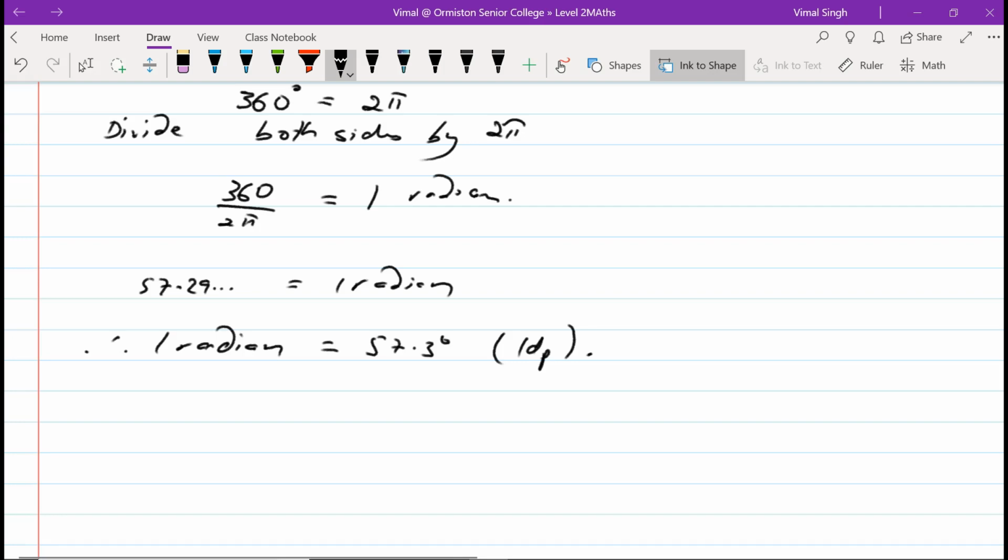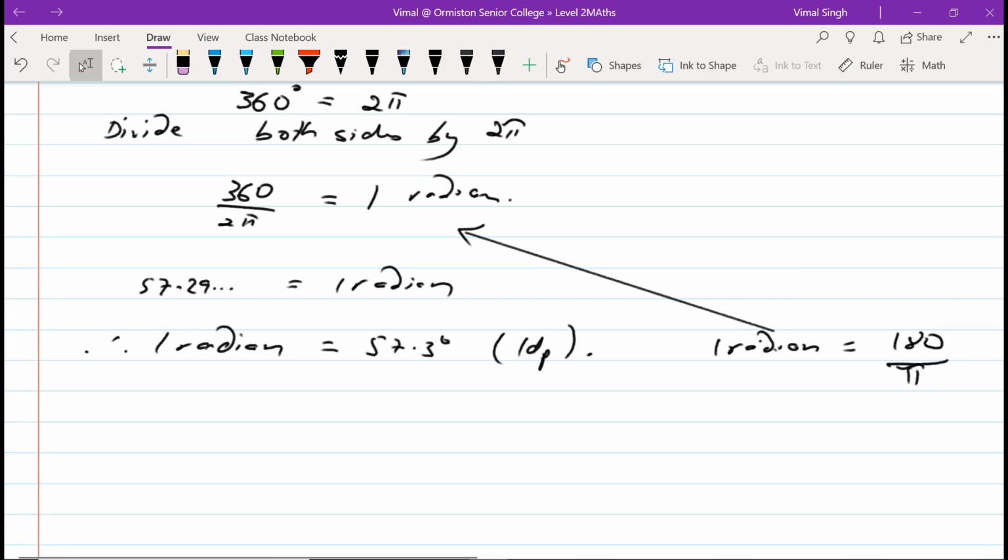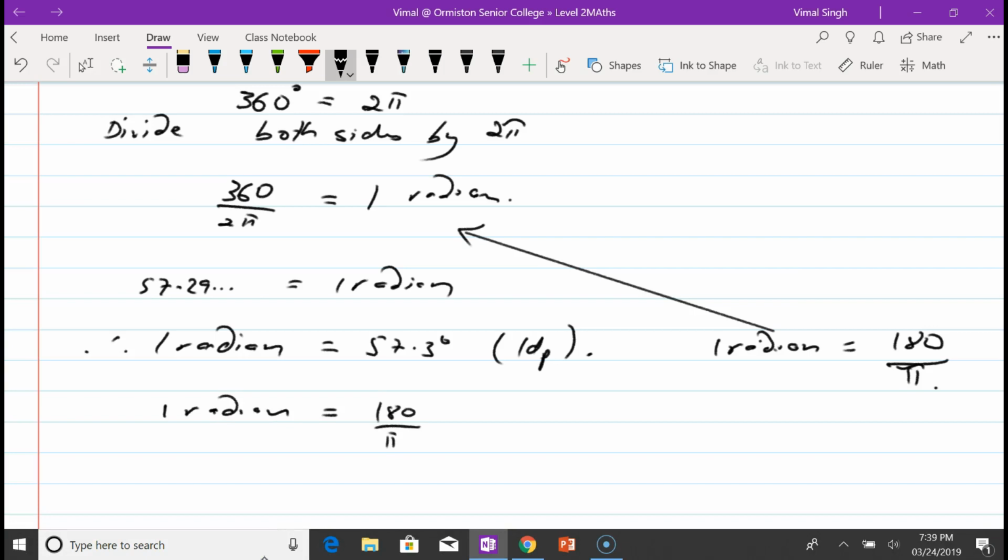And you can also say this over here: 1 radian is equal to 180 divided by pi. So we can use 1 radian equal to 180 divided by pi as our conversion factor.